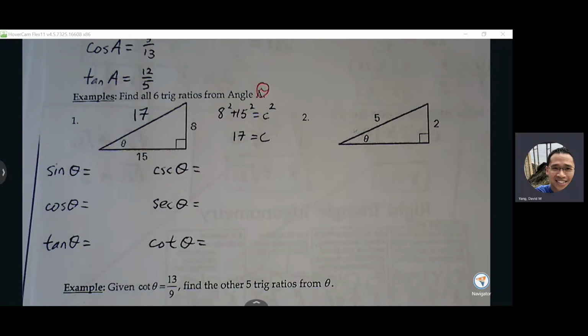For number 2, eventually we're going to rationalize the denominator, but initially don't worry about the radical in the denominator. Just get all the ratios down, and then we can clean it up after you get your initial ratio.